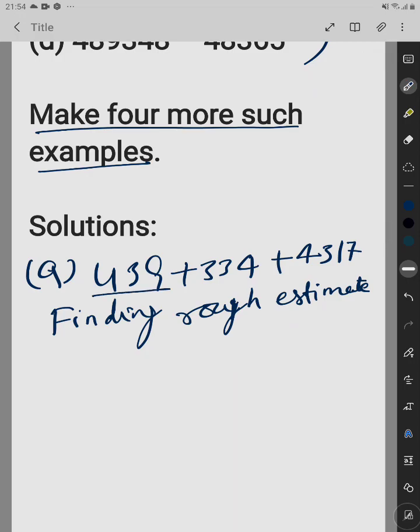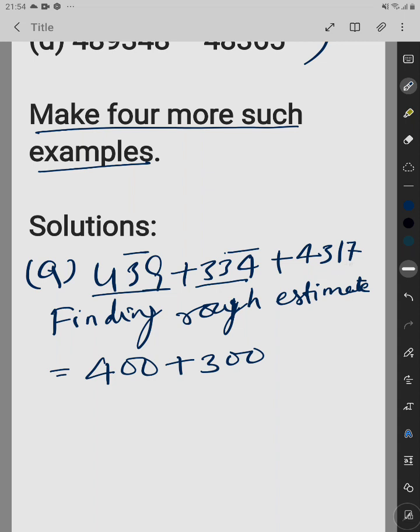If we round this to the nearest 100, it will become 400, because the last two digits are less than 50, so it stays with base 4. Similarly this will be 300, because these two digits are less than 50.